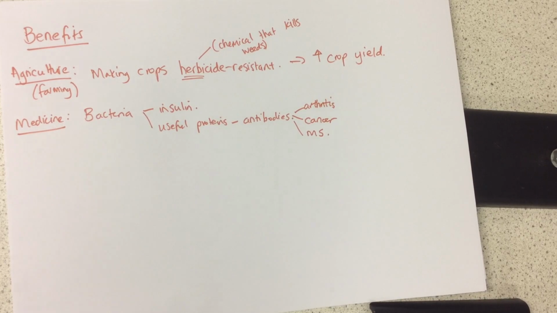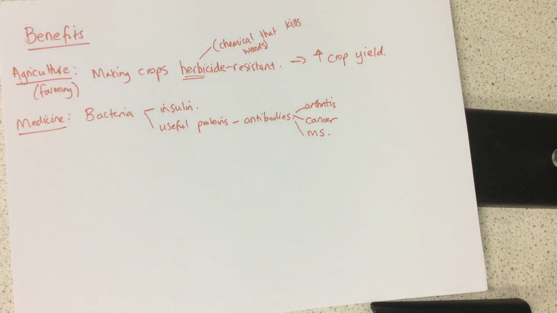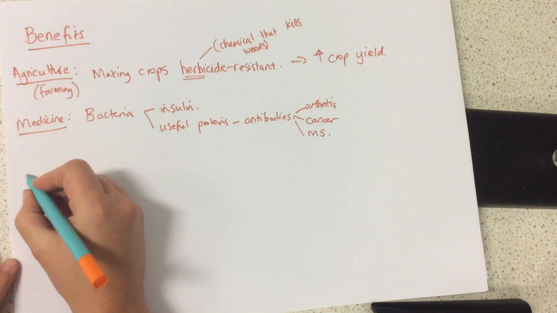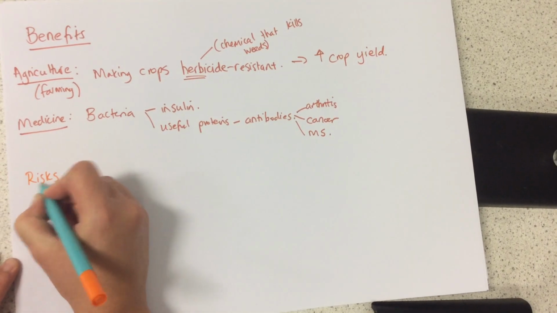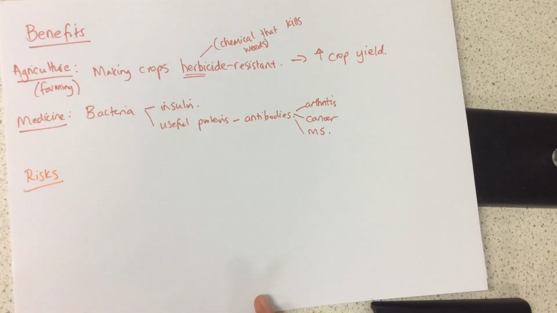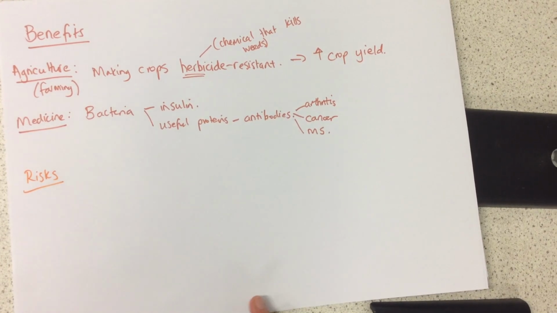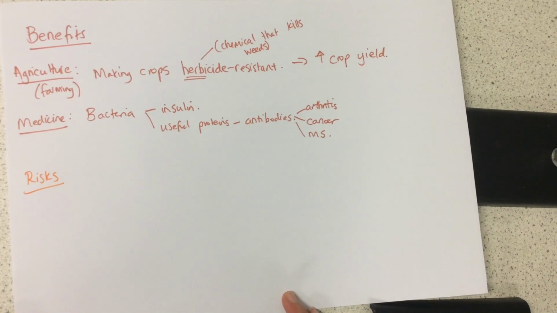Now, as with anything, things can sometimes be beneficial, but you also need to be able to evaluate and justify what the risks are to do with genetic engineering. First of all, because it's so new in science, we don't yet know what all the consequences are.